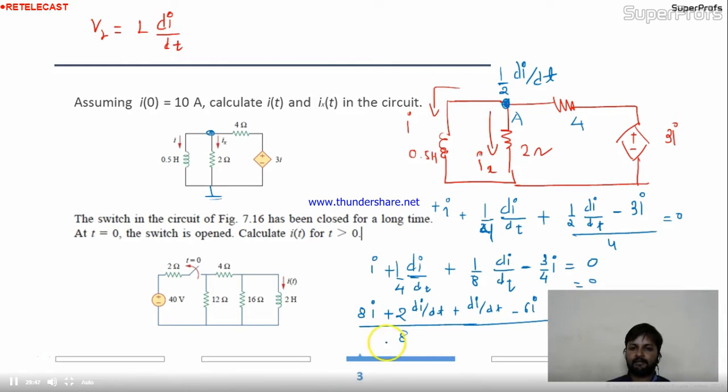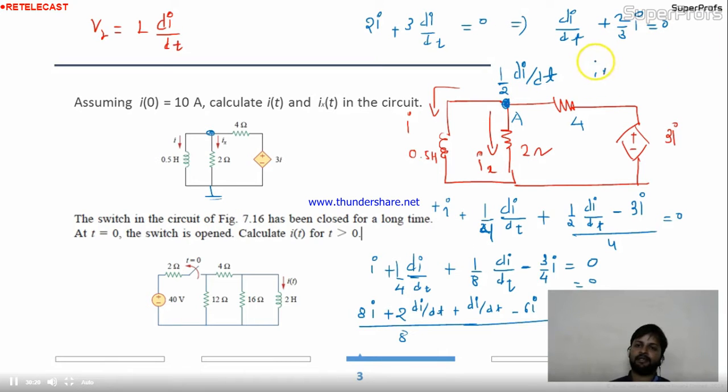So 8I minus 6I is 2I, plus 2 and 1, 3 di/dt, equal to 0. Is it okay? So your differential equation is di/dt plus 2 by 3 I equal to 0. Now can you solve this differential equation simply? The result will be I naught e to the power minus 2 by 3 t.